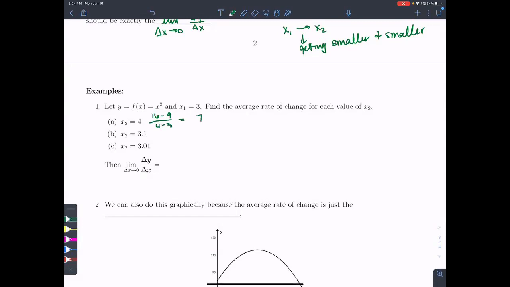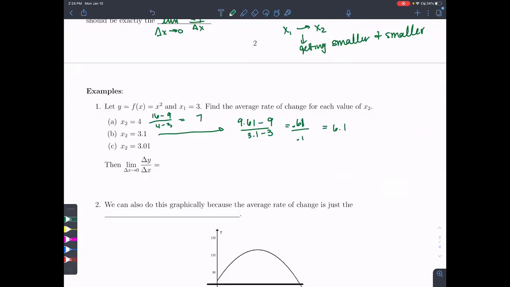If you plug in 3.1, just trust me on this, you're looking at 9.61 minus 9 over 3.1 minus 3, which is 0.61 divided by 0.1, and then that is 6.1.